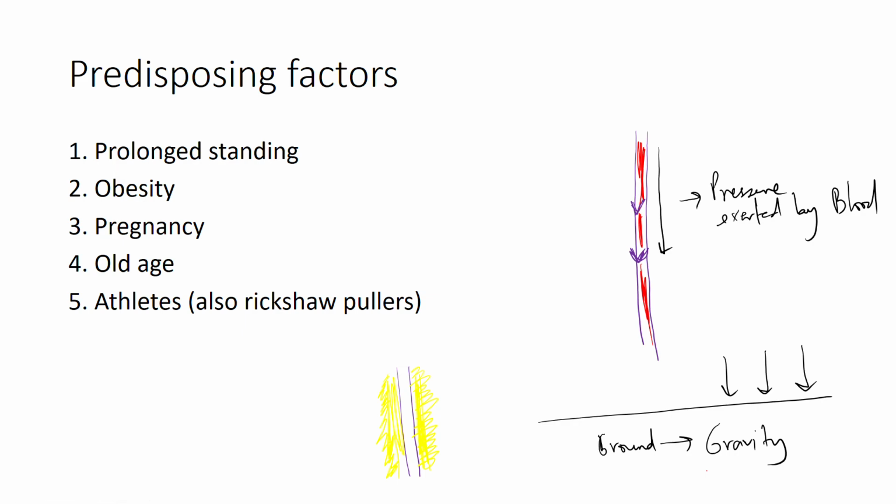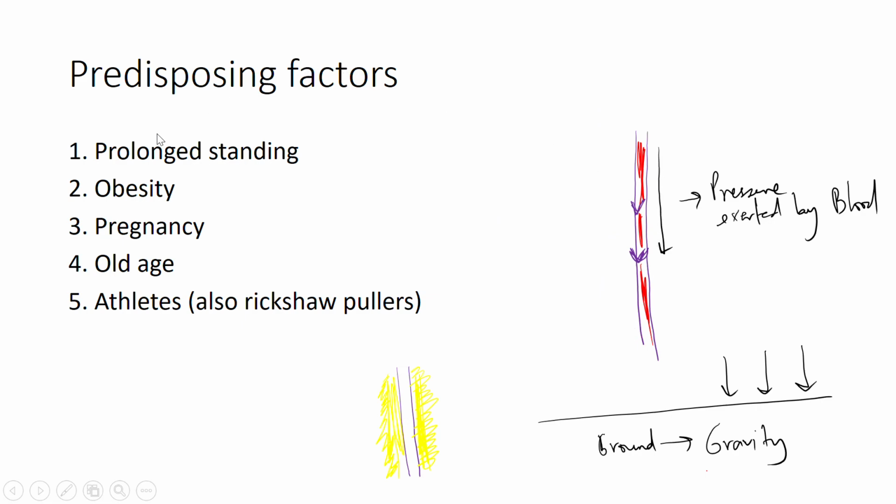Now, as we saw in the previous slides, if the person is standing for a long time, one thing is the blood forms a long column. Okay, so that is one pressure. Secondly, we have gravity acting against this blood column, which makes it more difficult for the blood to flow upwards.